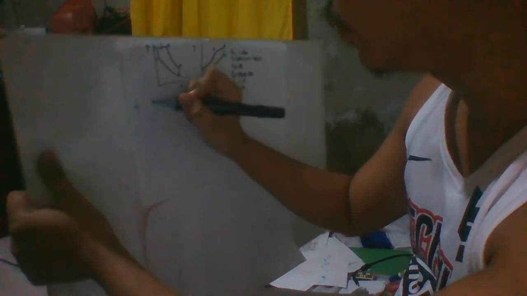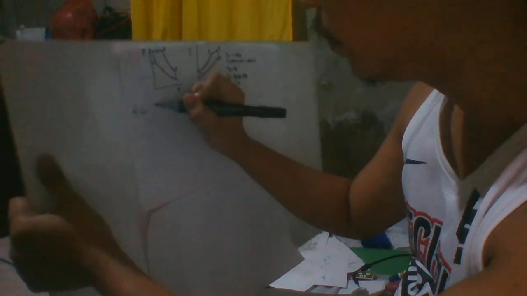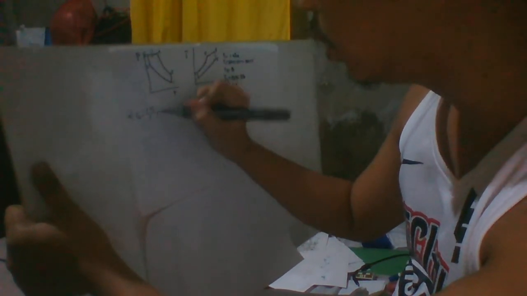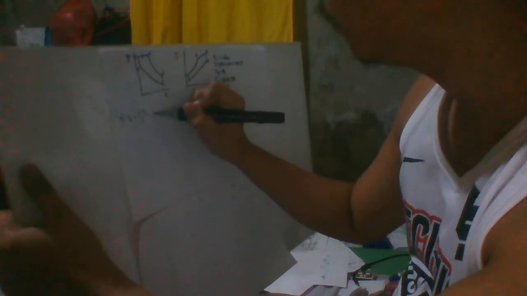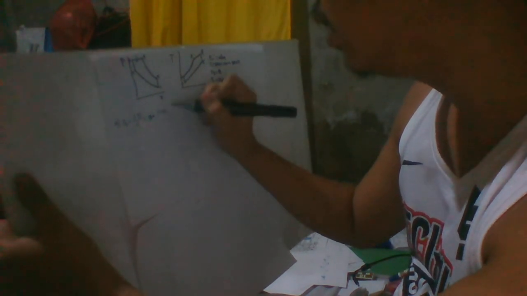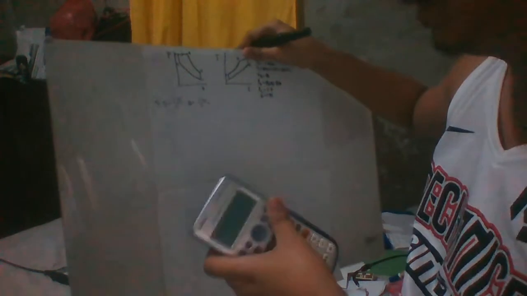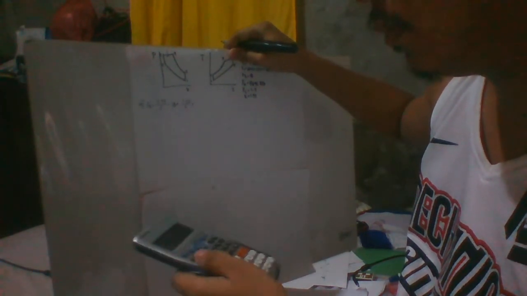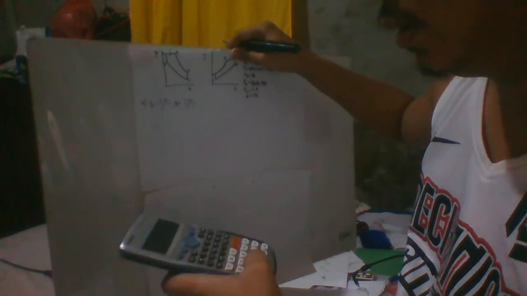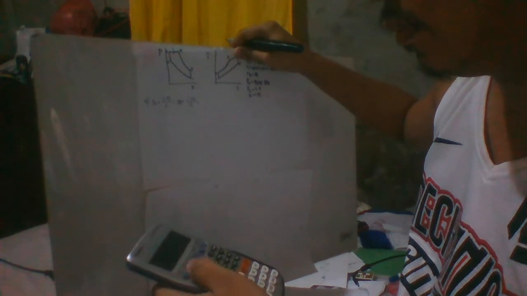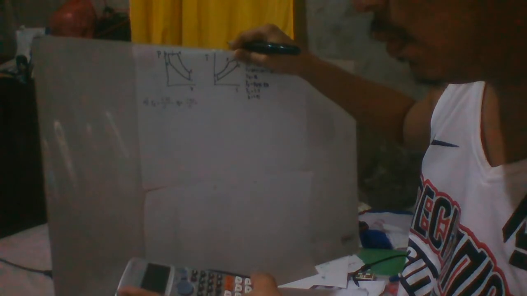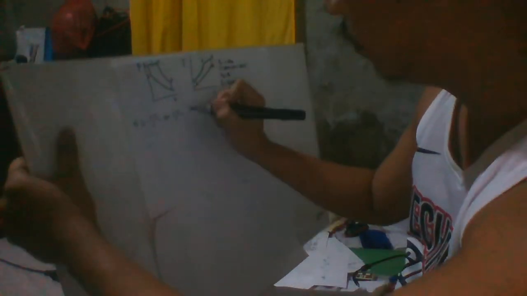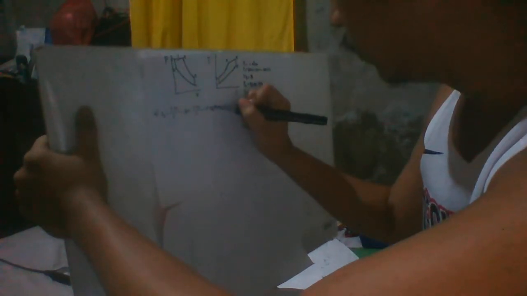We all know that compression ratio is equal to (1 plus C) over C. Substituting the given, 18 is equal to (1 plus C) over C. Solving this equation, C is equal to 0.0588.